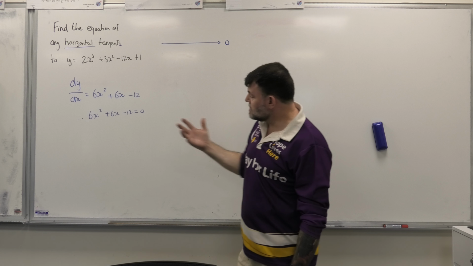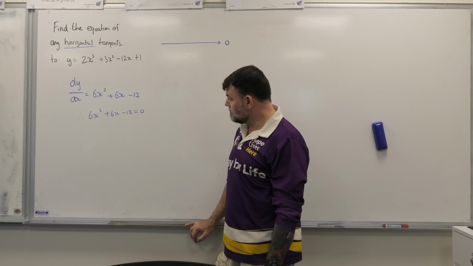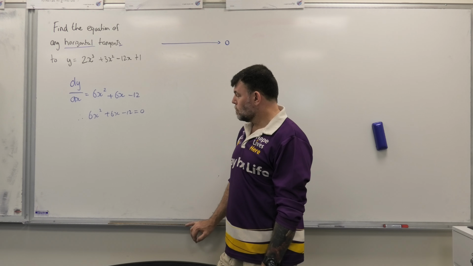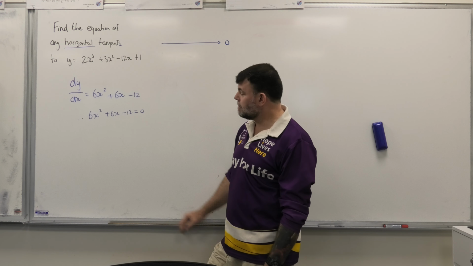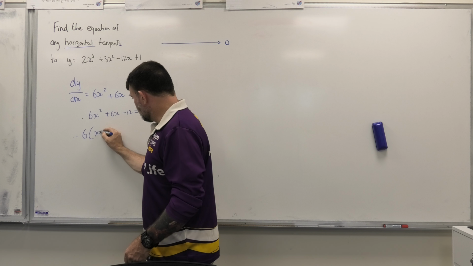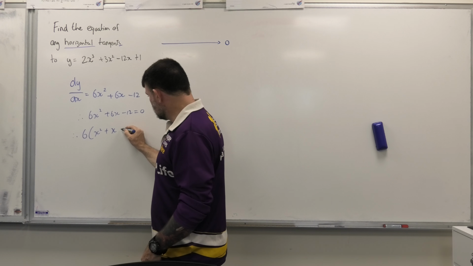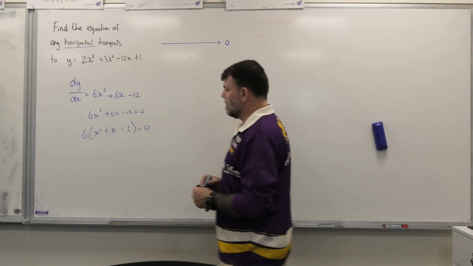Well, I can solve this using your graphics calculator, but we can solve it using algebra, which we're going to do right now. My first step is to factorise the 6 out. If I factorise 6 out, I'll get x squared plus x minus 2 is now equal to 0.